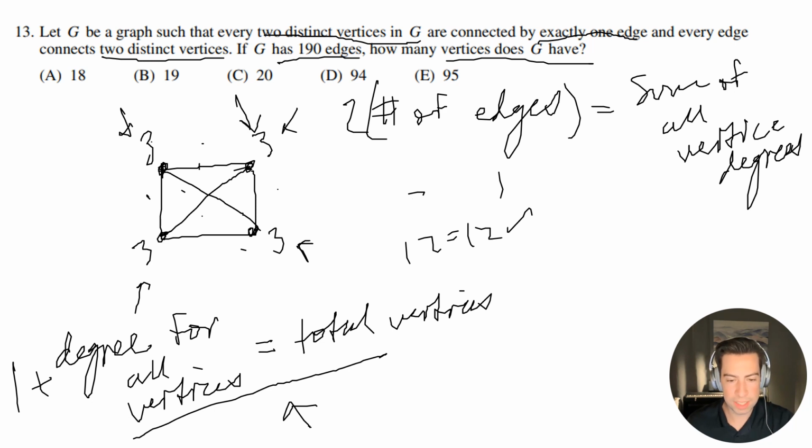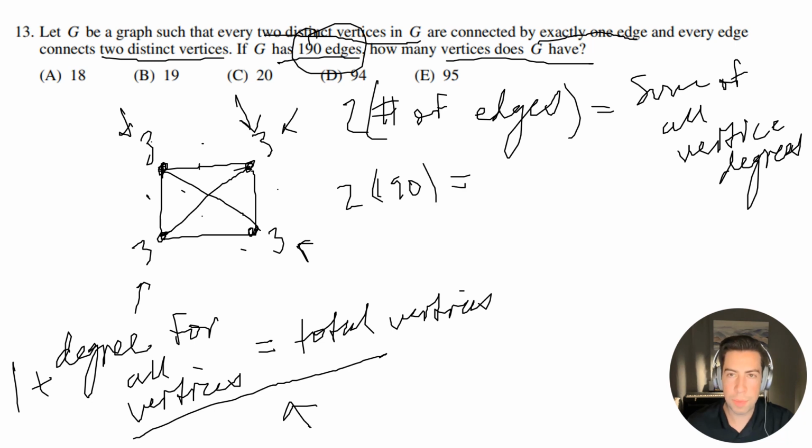So this relationship holds true. Let me clear some space and put it all together. If I'm given that my number of edges is 190, then 2 times 190 is going to equal the sum of all the vertex degrees. Now, I don't know how many vertices there are, and I don't know what the highest degree for the vertices is going to be.